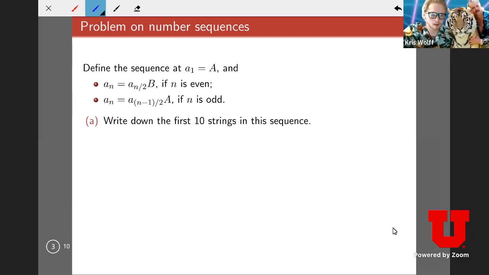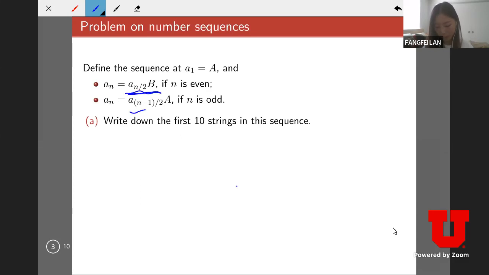Yeah, I just have a quick question. Go ahead. Does the order of A, B matter? Like, do you need to have A's before B's, or is that not a big deal? Yes, in this case, it does matter because we've defined the formulas like this.